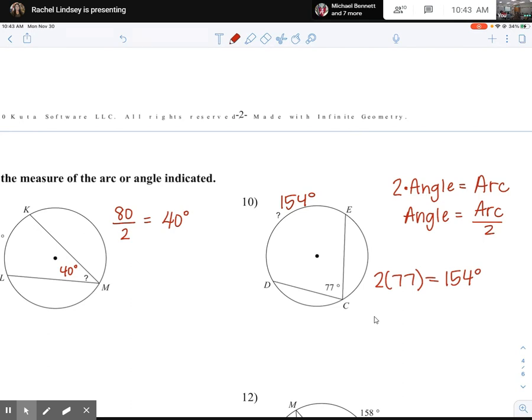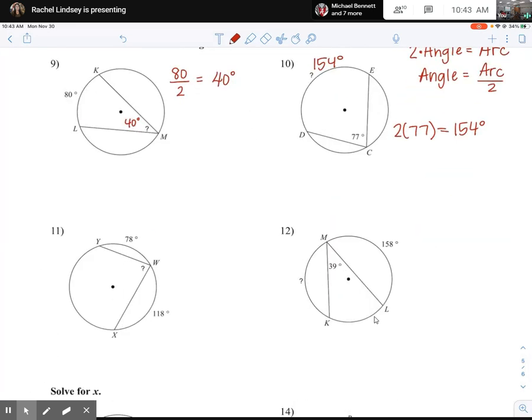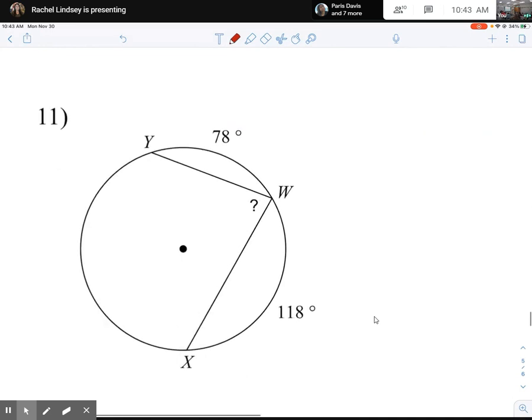Okay. So now this one, number 11, is a little bit different. You've got to find the arc measure first, then you can find the angle. So if I need to find this arc first, I'm going to do 360 minus the other 2 arcs.